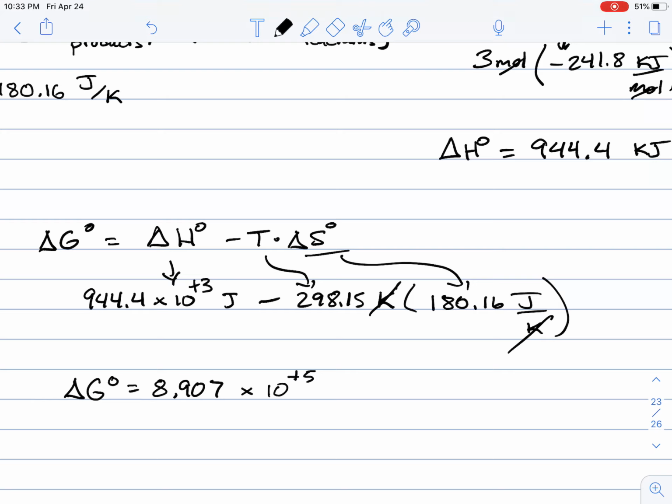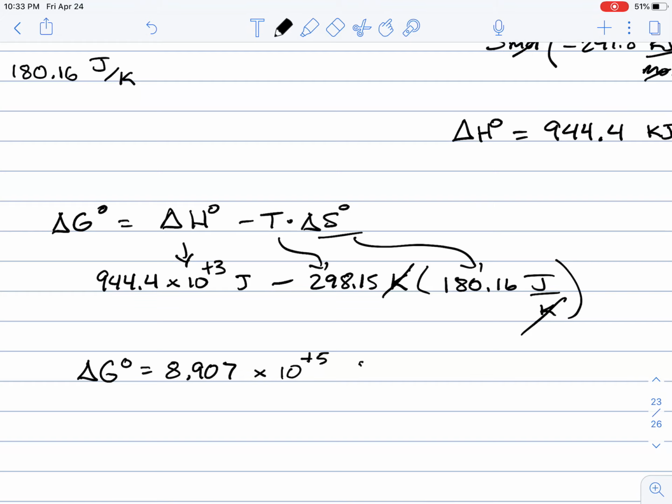The final unit is going to be joules, and that's it.